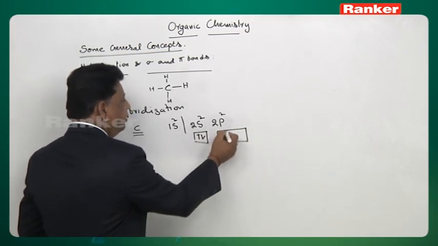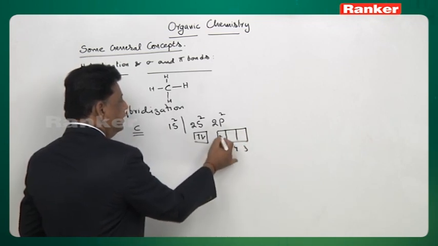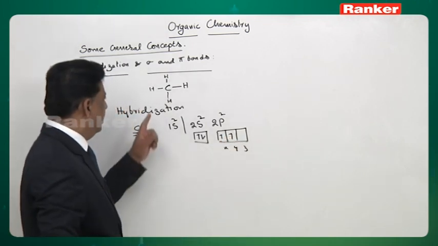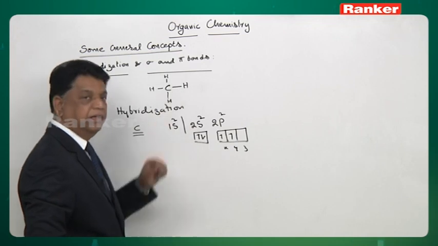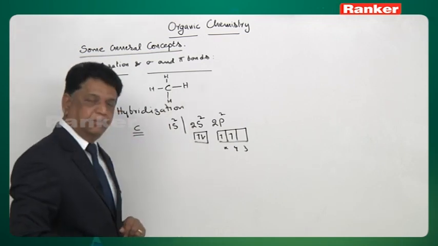In the p orbitals px, py, pz, there are 2 electrons available, but how many electrons are used in the bond formation? 4 bonds, that means 4 electrons are required.